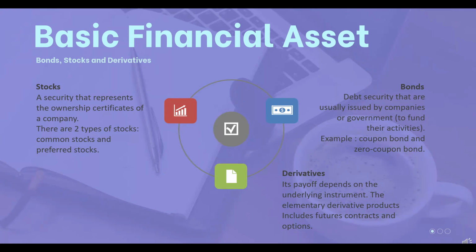Examples of bonds include coupon bonds and zero coupon bonds. Derivatives are financial instruments in which the payoff depends on the underlying instrument. The most common elementary derivative products traded on exchanges are futures contracts and options.